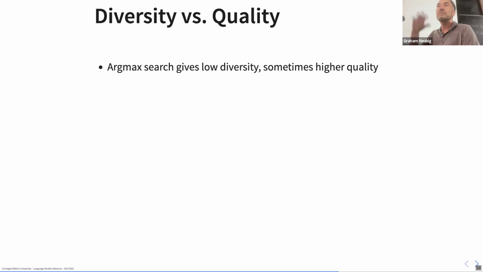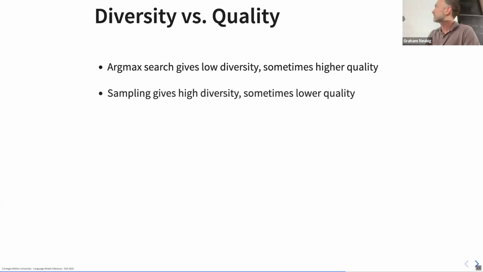If we're only picking the top one, then we're not going to get any diversity at all, modulo numerical instability due to GPU processing or something like this. But if we do an n-best search where we try to find the top n examples, sometimes they'll vary by one token or something like that, and we're not going to get a whole lot of diversity in our outputs.